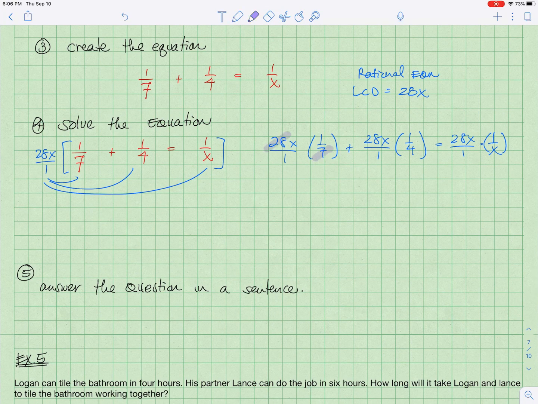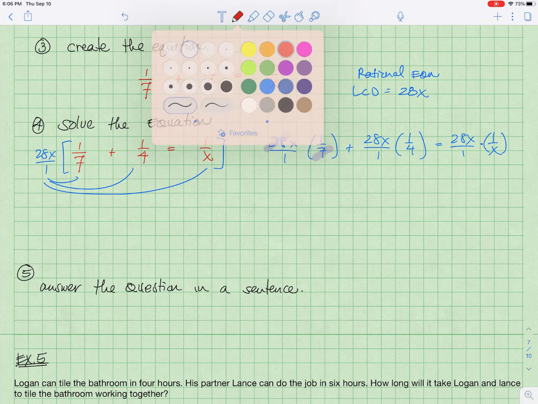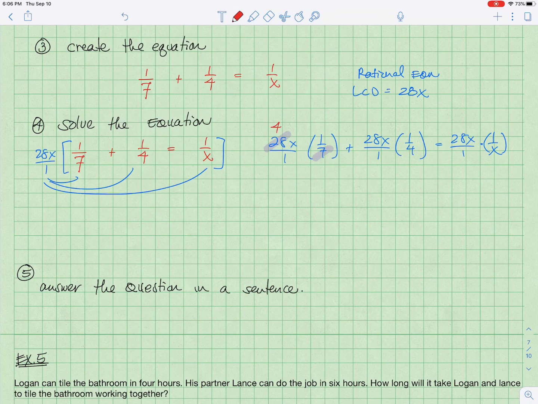Doing some quick cancellation here, we'll be left with, let's see, 7 goes into 28 4 times, 4 goes into 28 7 times, and here the x's will cancel, and we're left with 4x plus 7x is equal to 28, or 11x equals 28. So if we divide both sides by 11 here, we get 28 over 11.